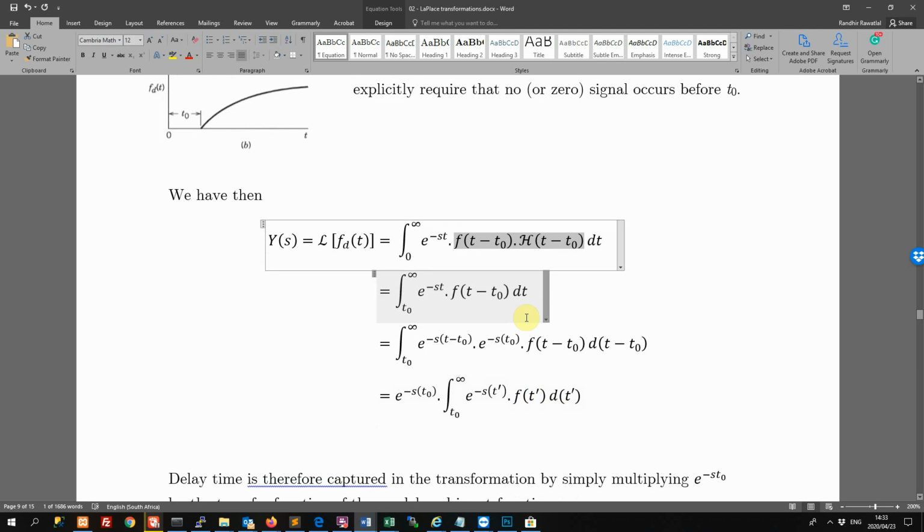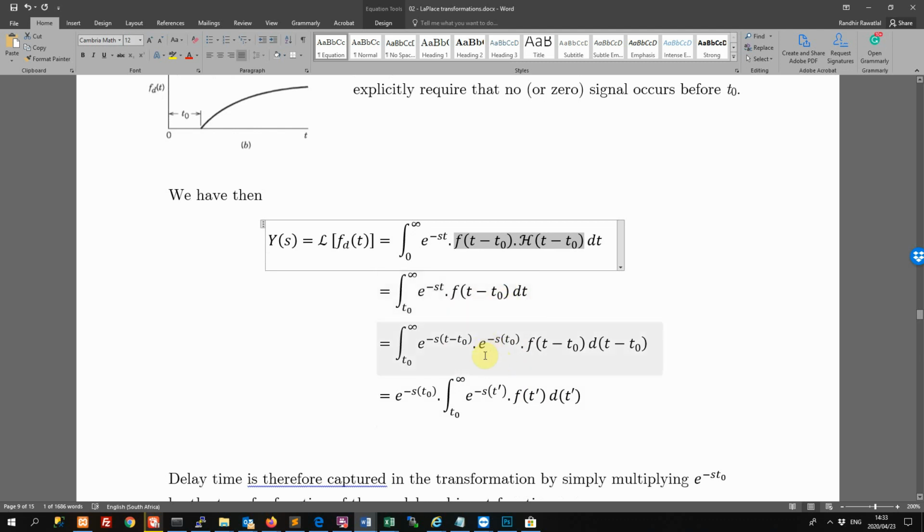And now what we can do is arbitrarily introduce this additional constant. We can think of t naught as a constant. It's not changing in time. It's a fixed instant in time.